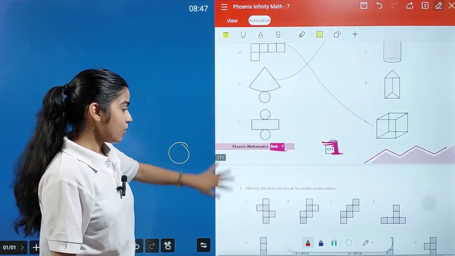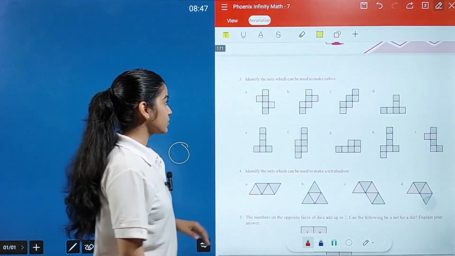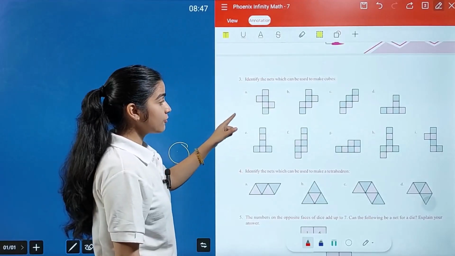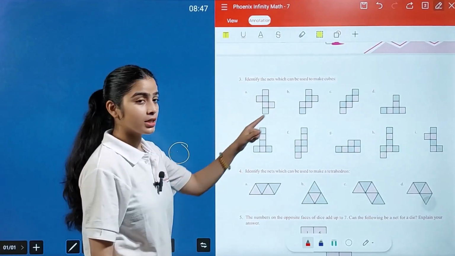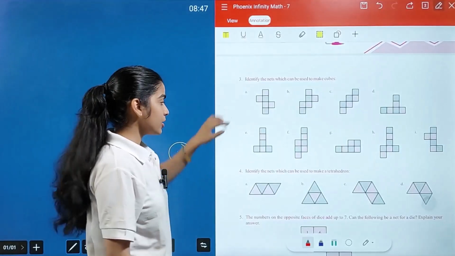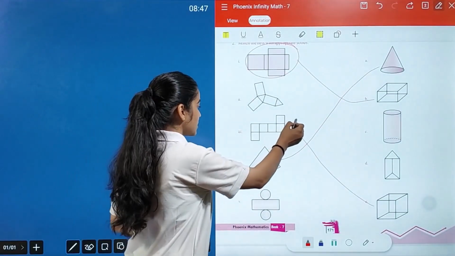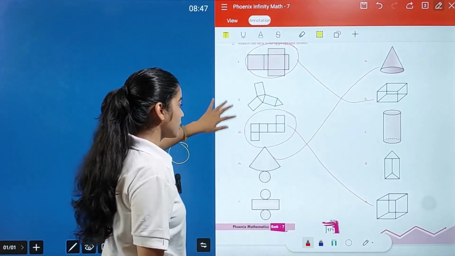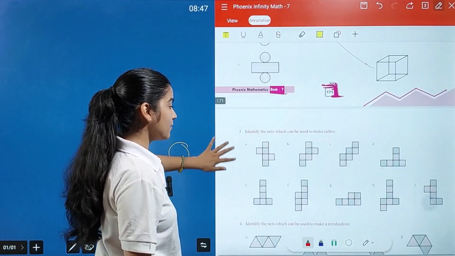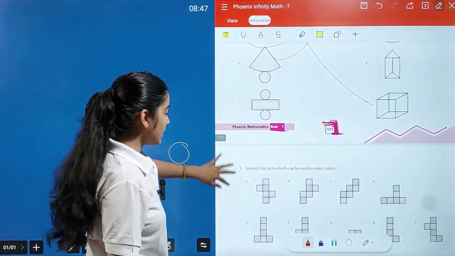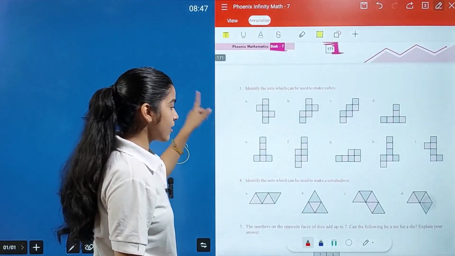Now we are going forward to question number 3. Identify the nets which can be used to make cubes. You have to identify which figure is suitable to make a cube. Before that, we have to go through this. You see here, this figure we are using for a cube because in this we have all square shapes, and this is our net figure. So according to this, you have to conclude.